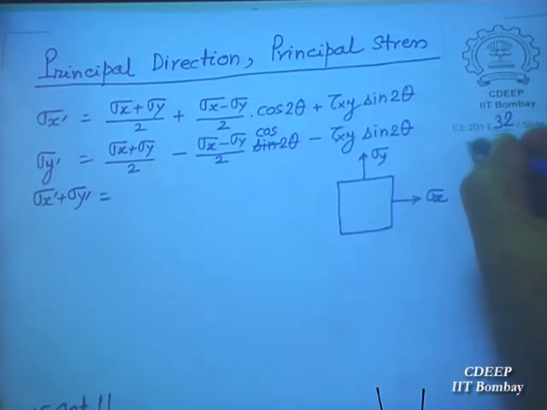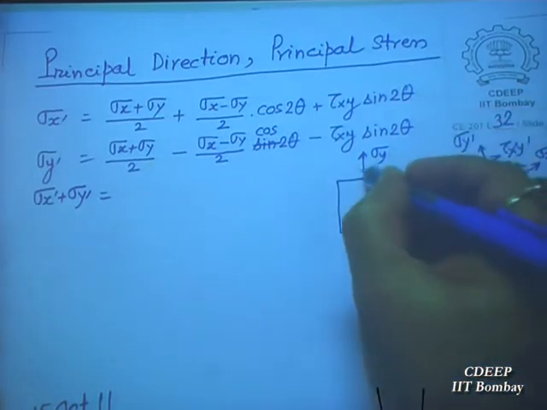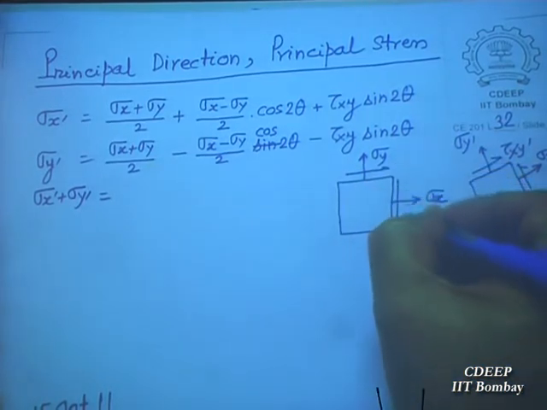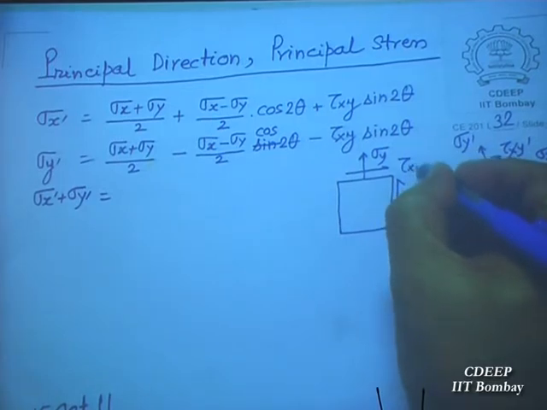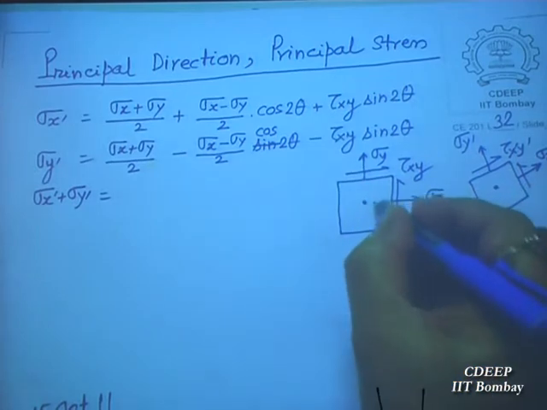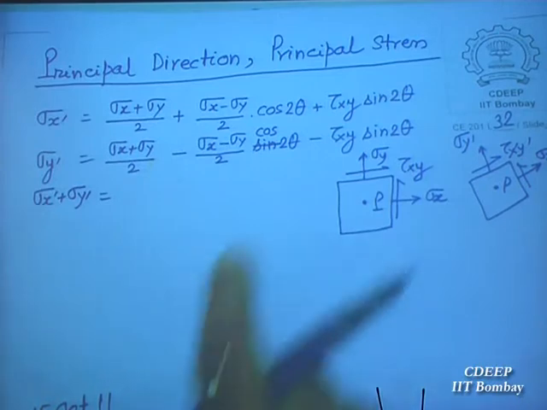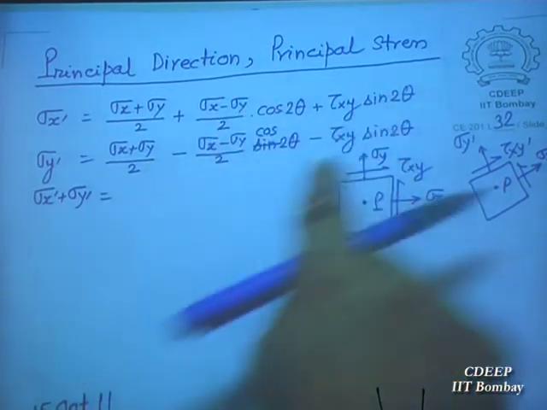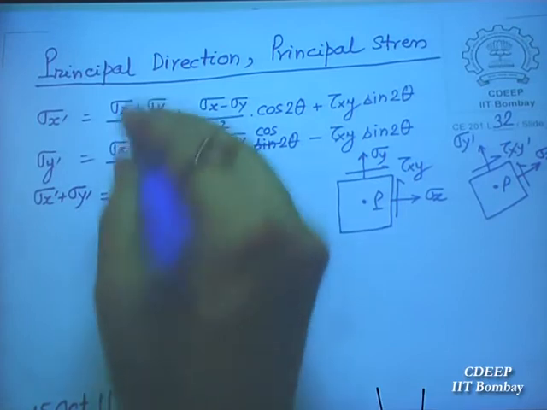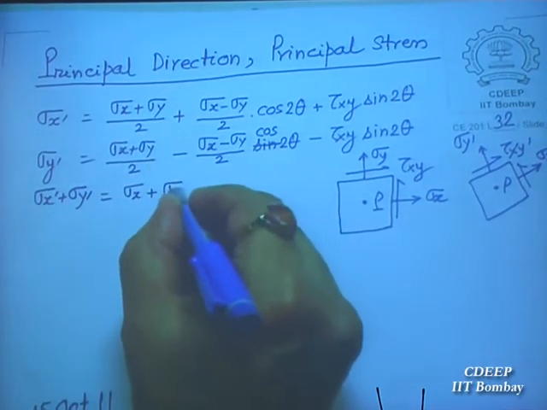The diagram has to be drawn very neatly, no hodgepodge diagram. This is at the same point P. Please add it, and you find that this plus this becomes 0, this becomes 0, and half plus half gives sigma x plus sigma y.